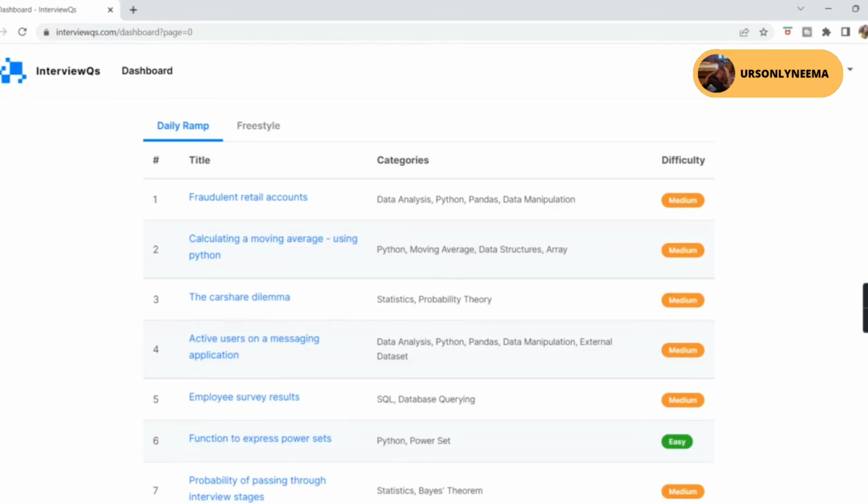So the thing with this website is that whether you take the paid version or you are a free member using the free service, once you're logging in, the owners or the founders behind it send you the questions through email.